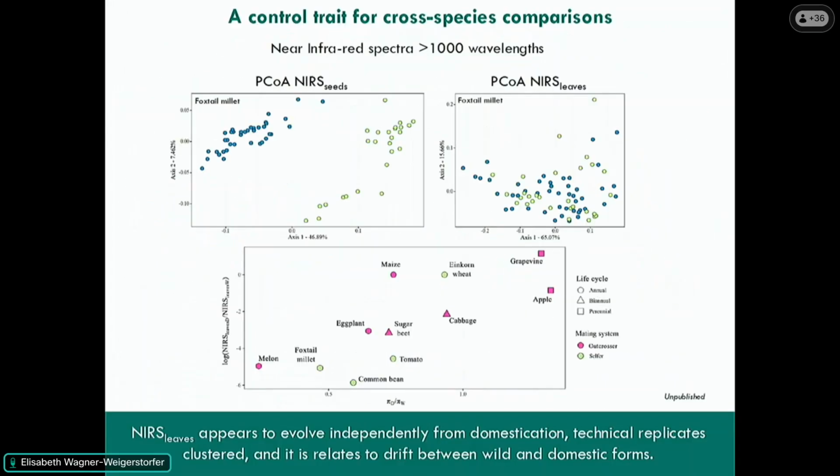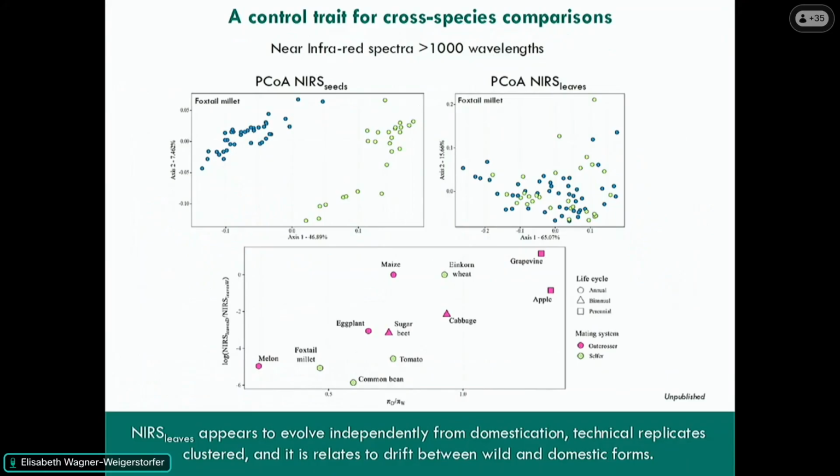So we thought about using near-infrared spectra, right? So basically what near-infrared spectra does is that you illuminate an organ of the plant with infrared, and you get back the absorbance at different wavelengths, right?